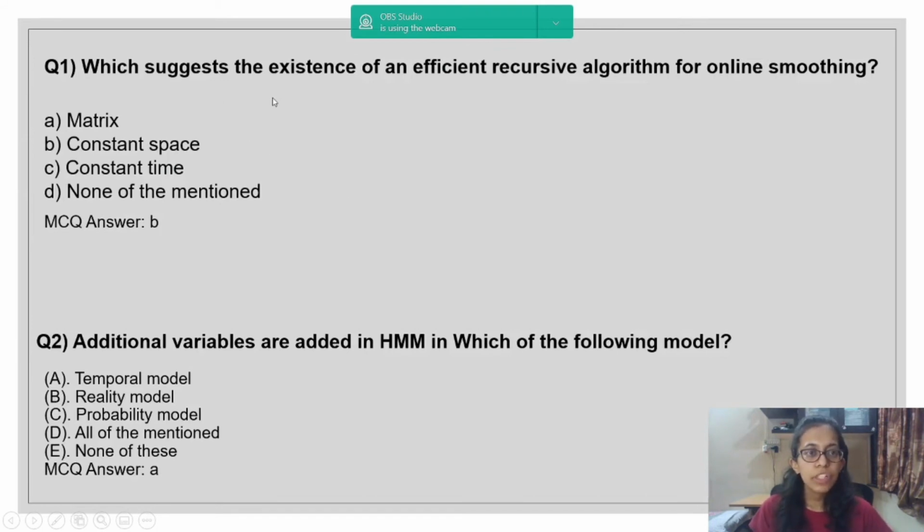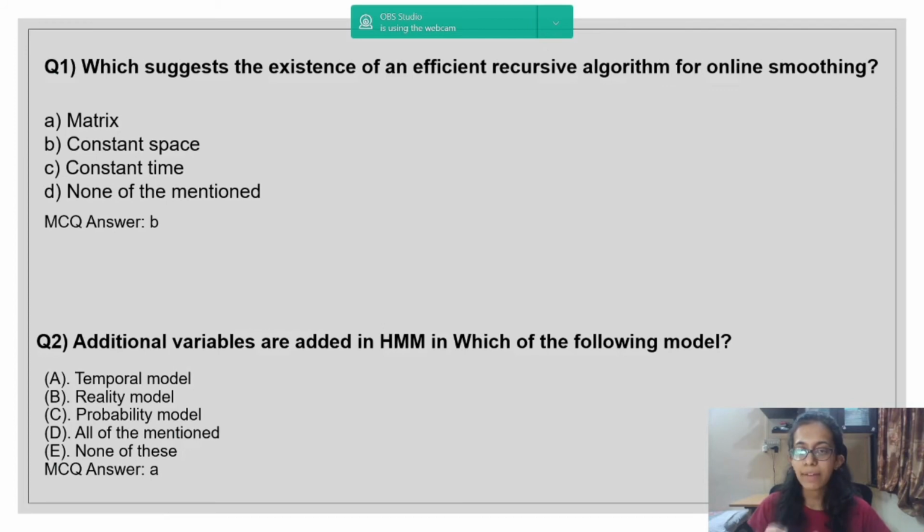Question 1. Which suggests the existence of an efficient recursive algorithm for online smoothing? So basically, this question is asking which is a factor which shows that the algorithm is efficient for online smoothing. Smoothing is basically removing extremities.